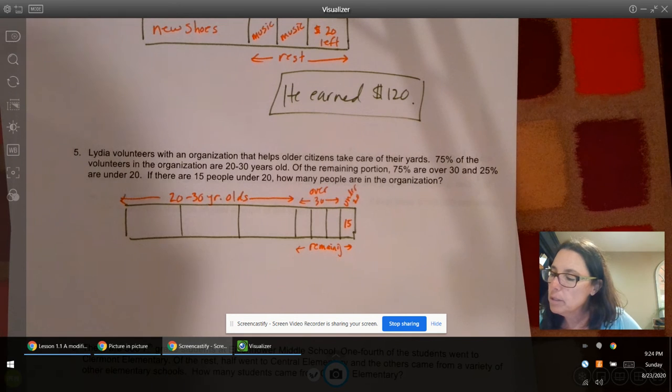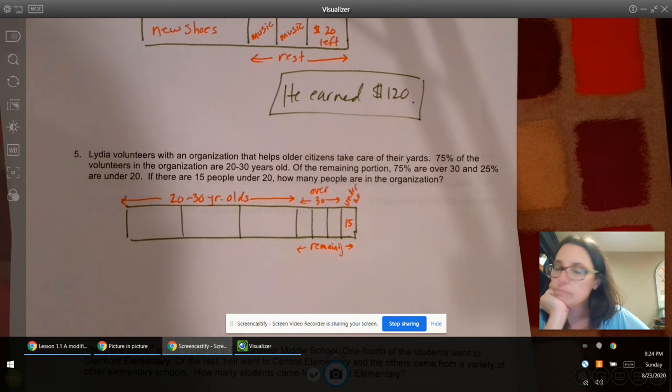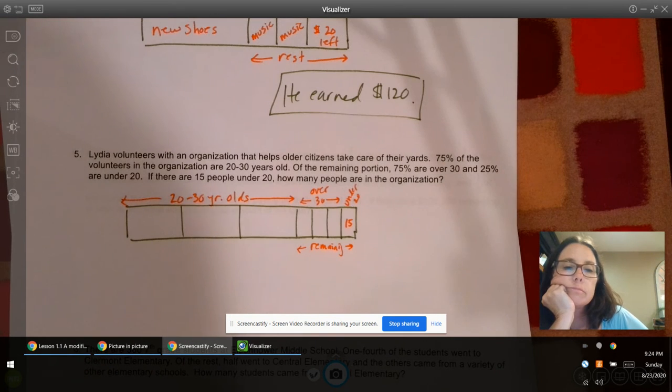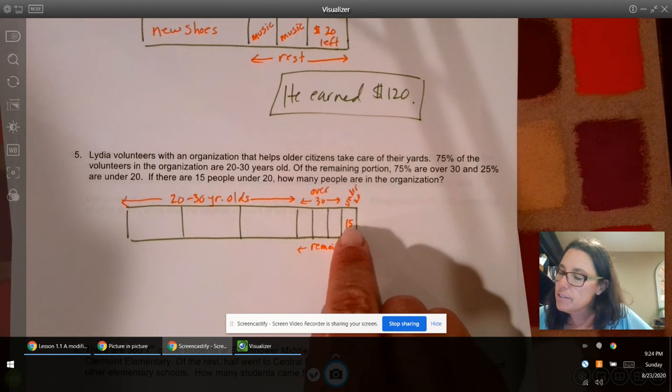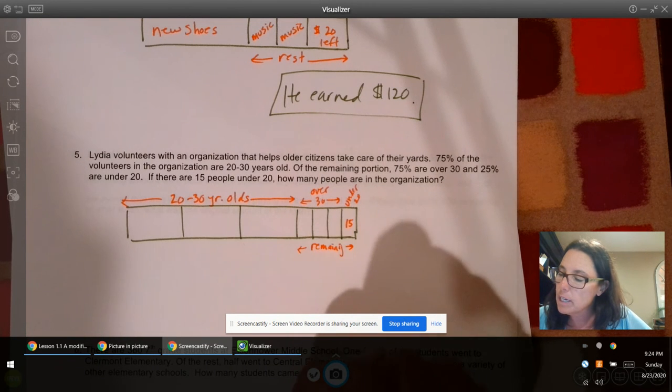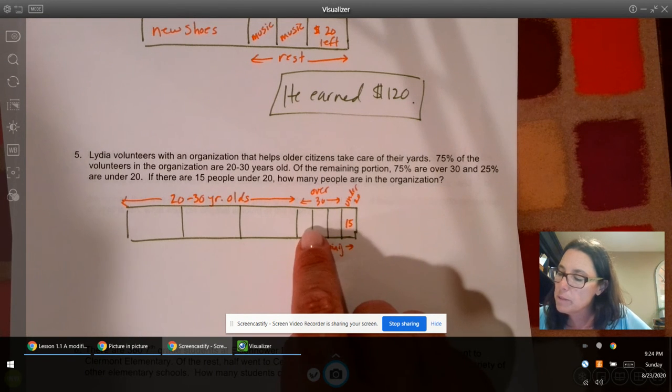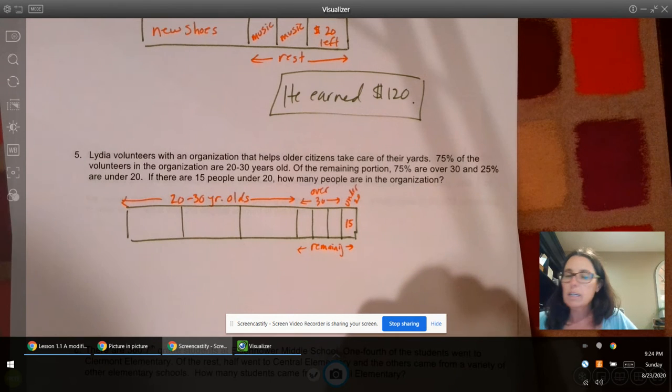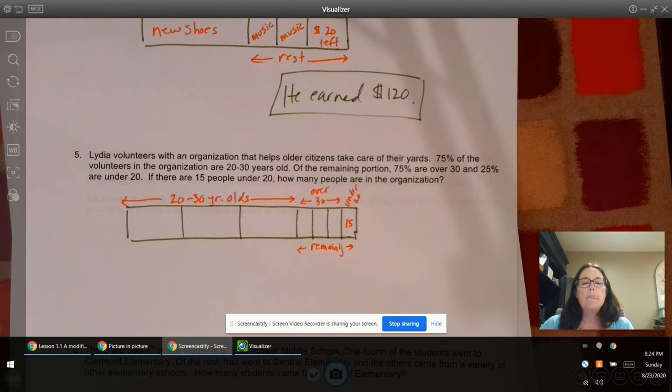How many people are over 30? Hopefully you're saying 45. If this is 15, all these pieces are 15. Okay, so 3 times 15 would be 45. Okay, my next question. How many people are in the remaining category?